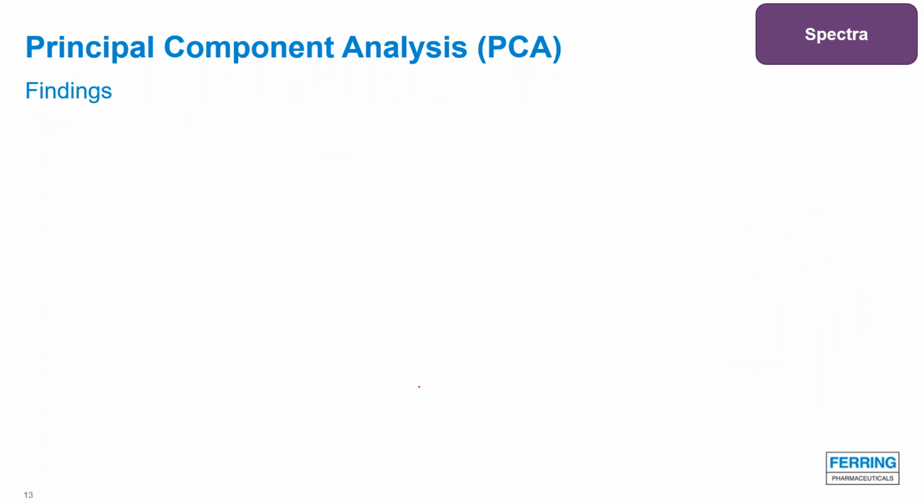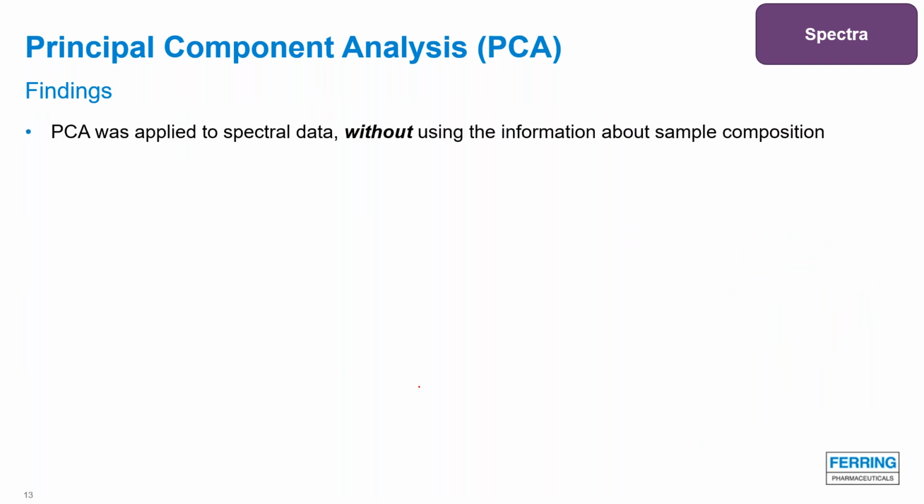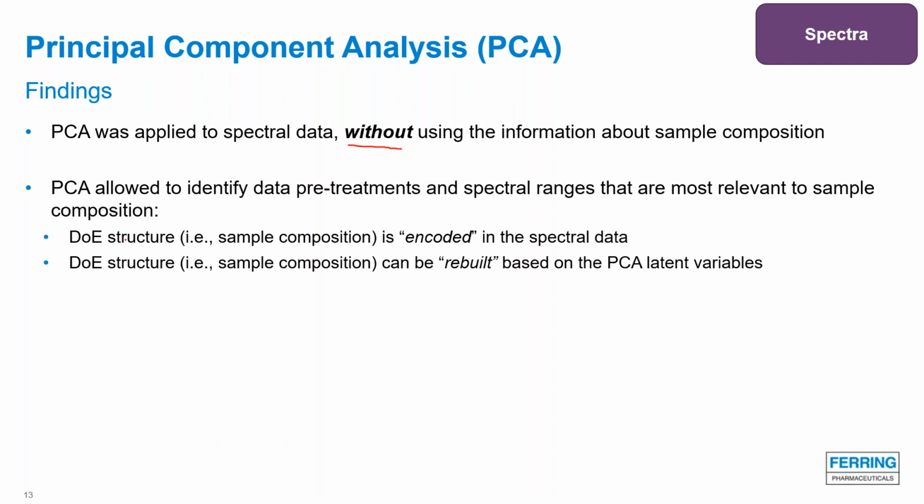So let's summarize what we have found with the principal component analysis. PCA was applied on the spectral data without using any information about the sample composition. And what we found out is that PCA allows us to identify which pretreatment and which spectral range we should use that are most relevant to sample composition.